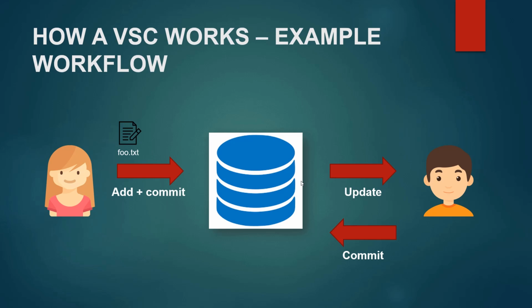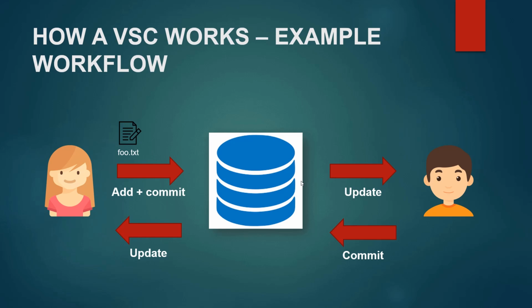The updated file will be sent to the central repository, which will store that information and make it available for others. Now if Janet performs an update, she will get the new version of foo.txt with the additional information that was added by Brad.